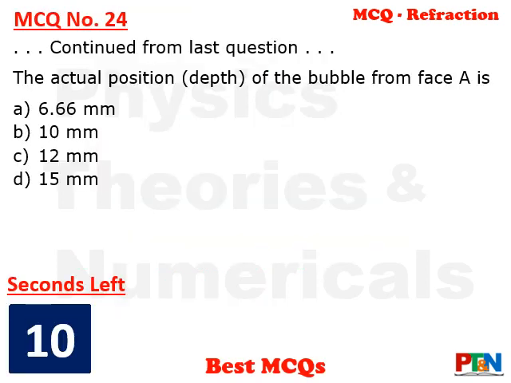On the same setup, second question, what is the actual position or depth of the bubble from face A? 4 options. Now 10 seconds time, because part of the calculation you have already done. Timer starts now.